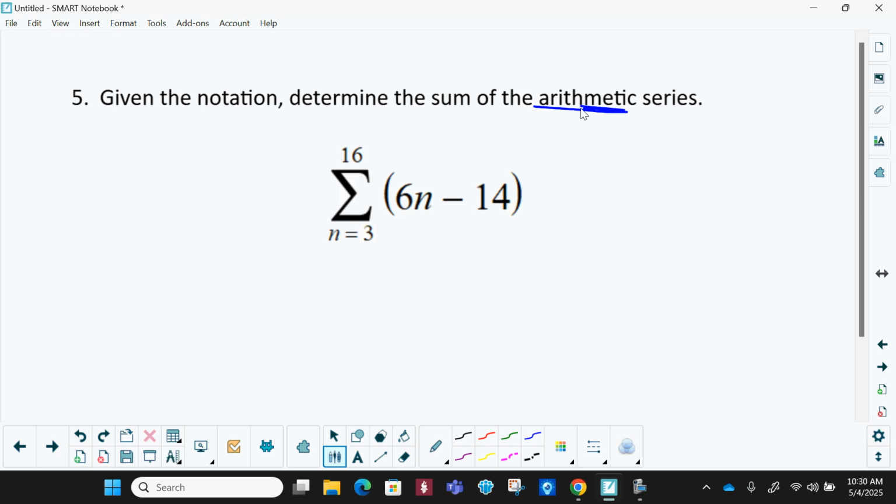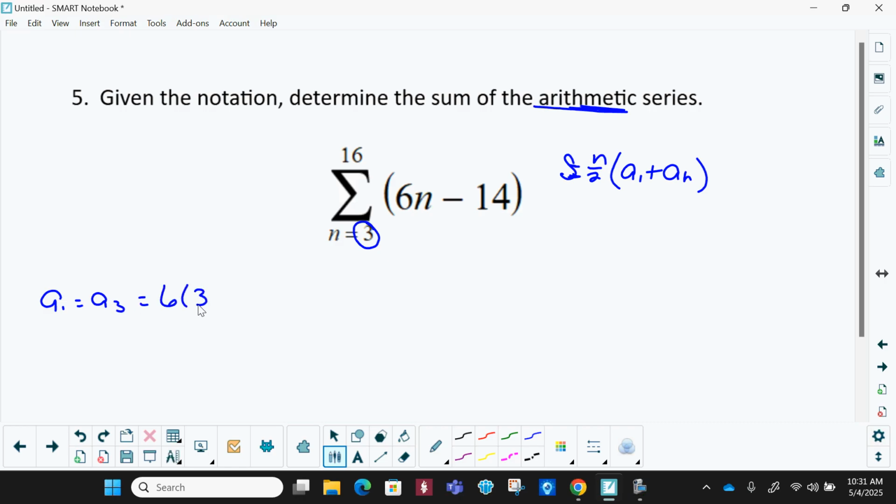Okay, arithmetic. So this tells us the formula is n divided by 2 times the first term plus the last term. We want to be careful here. My first term is actually not 1, it is 3. So to find my first term, which really is my third term, you're going to plug 3 in.